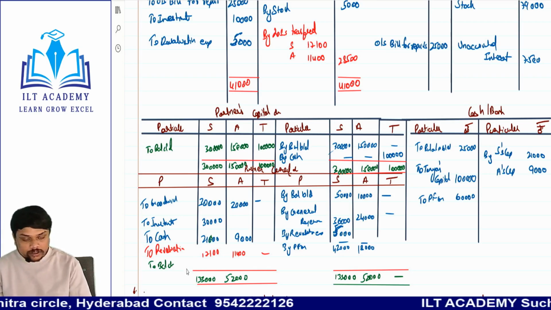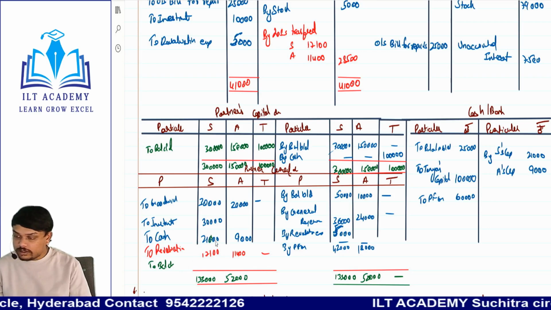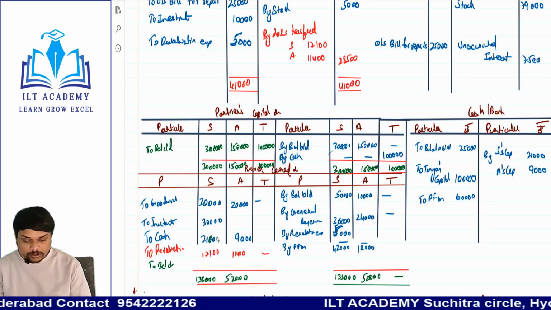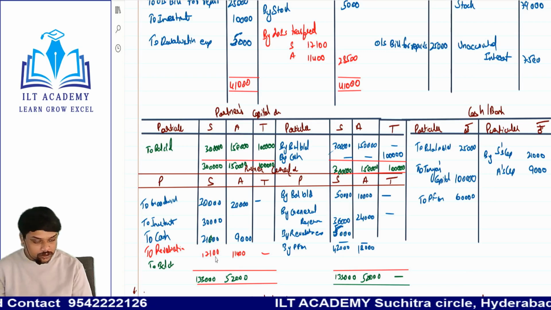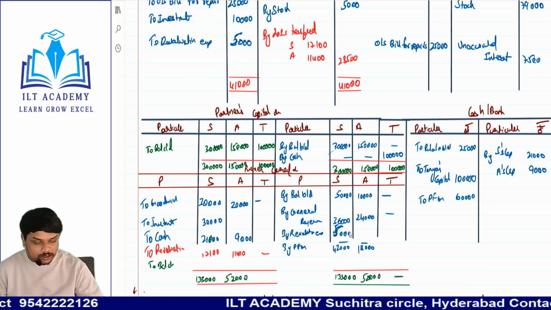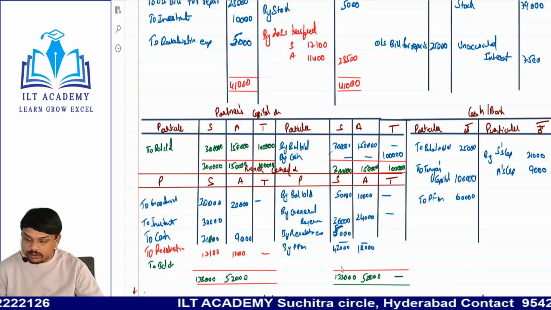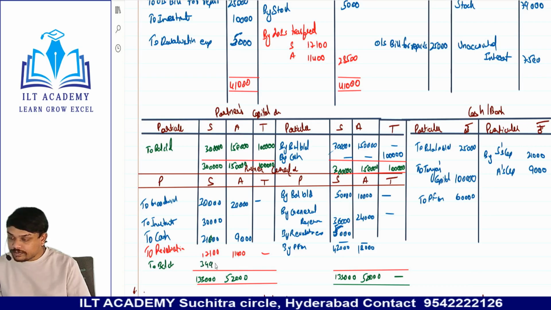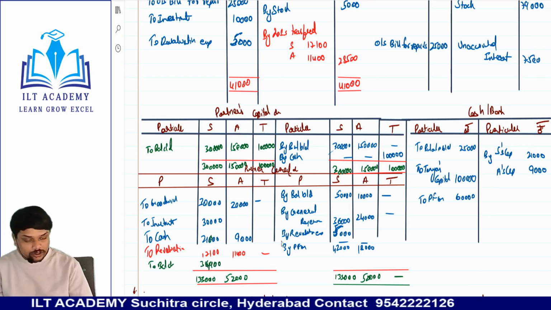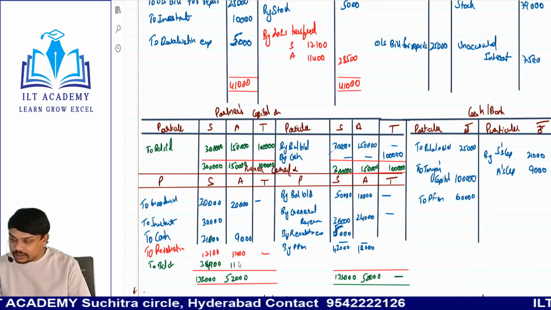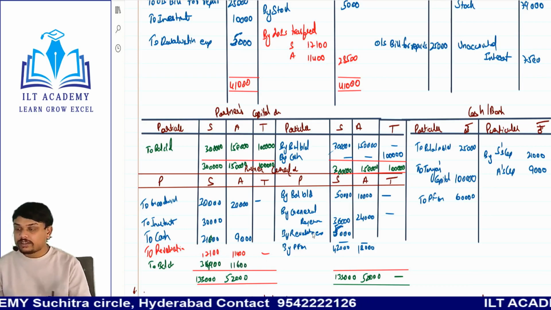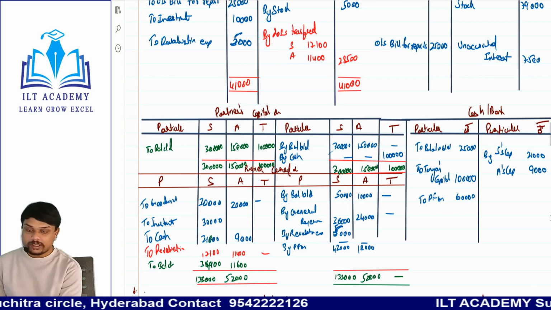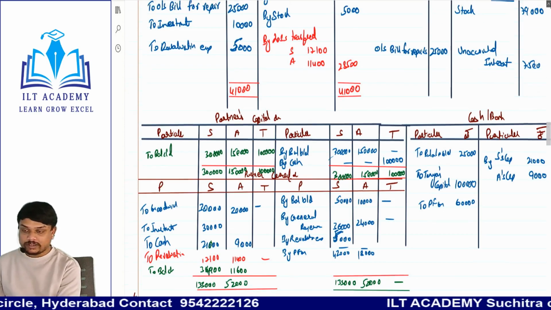We are getting 34,900, and here we are getting 7,600. Perfect. Now these balances are going to be taken to the balance sheet.